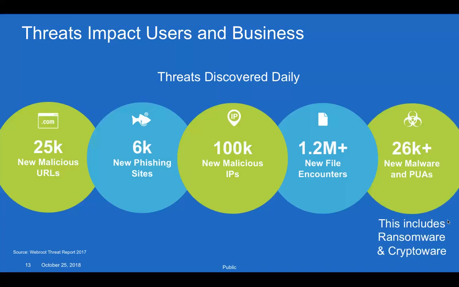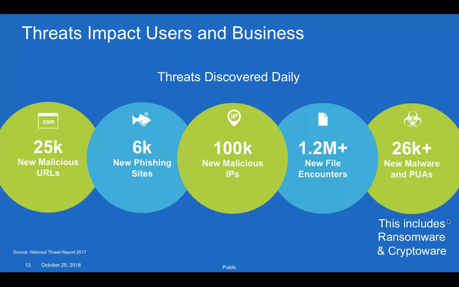If you're thinking about 100,000 new malicious IPs that are discovered every day, as in the center of this slide, or the 25,000 new malicious URLs, et cetera, all of those are being identified by Webroot BrightCloud at lightning fast speed. So with our dynamic data and the incredible amount of updates that we generate every single day, you have the ability to look at the most up-to-date, effective, and accurate data when it comes to compliance and protection.